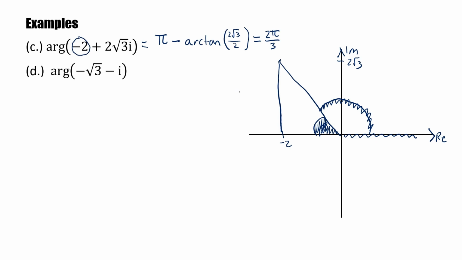If you had done arctan of 2 root 3 over minus 2, you would have ended up getting minus pi over 3 as your answer, which we can see is clearly wrong, because with a negative argument you'd be expecting it to be below the real axis. So that shows the pitfalls of doing it that way.